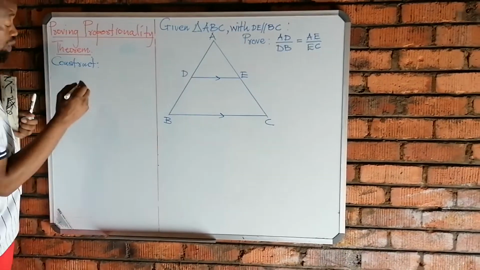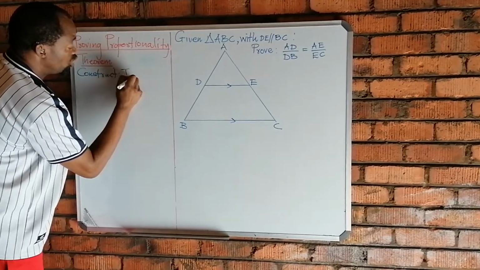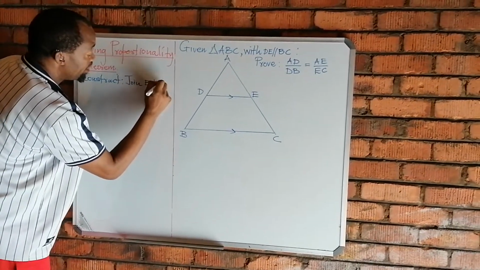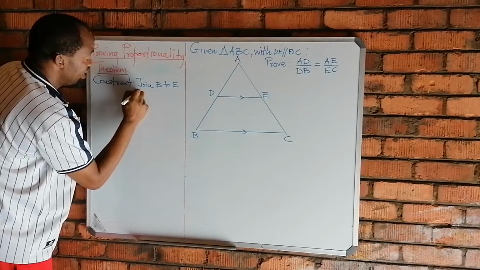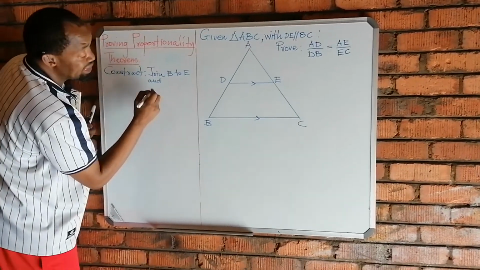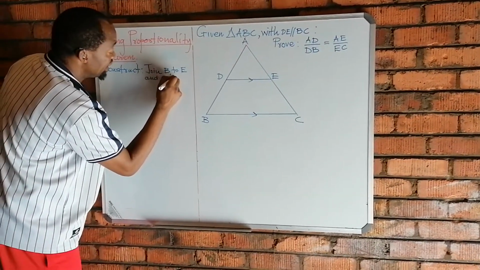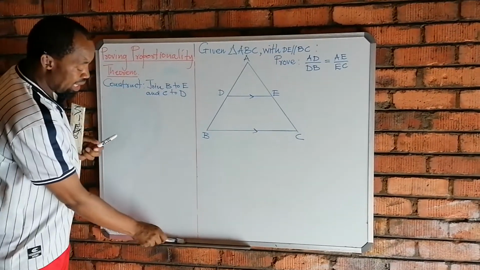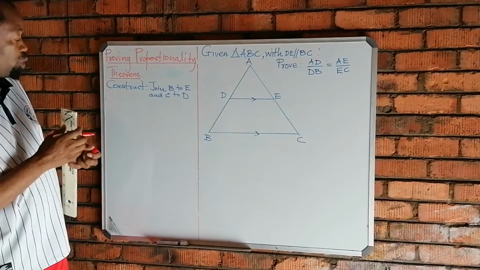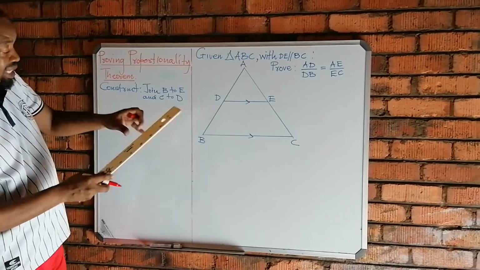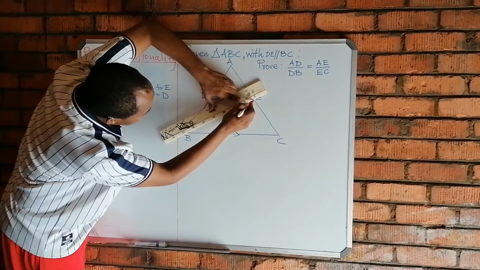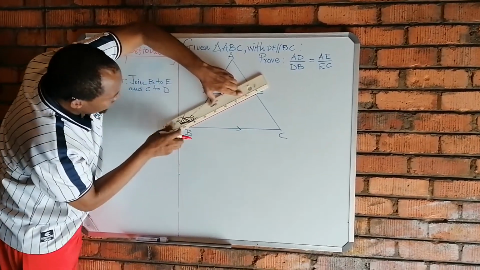Construction. I'm going to say join B to E and C to D. That is very important. I'm joining the 2 points B and E. There we go. Take my ruler. I draw that line.